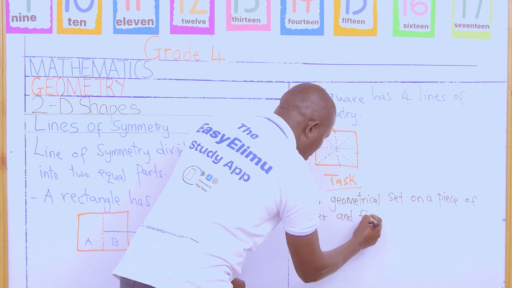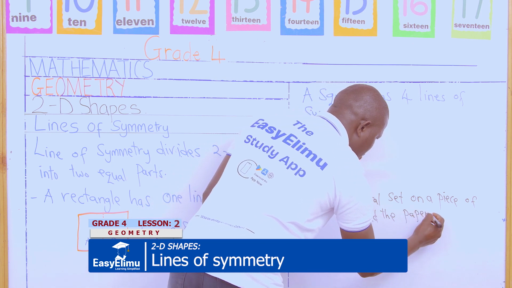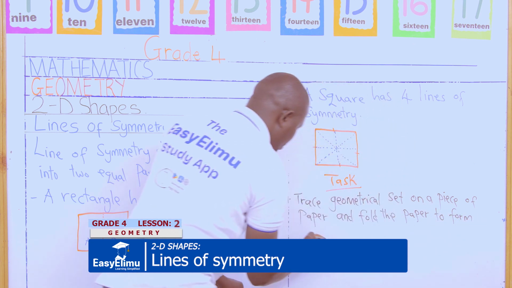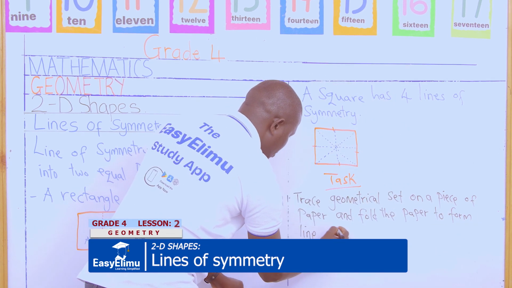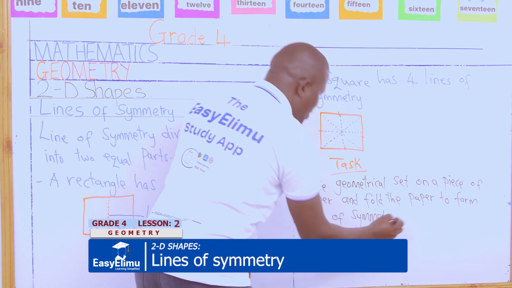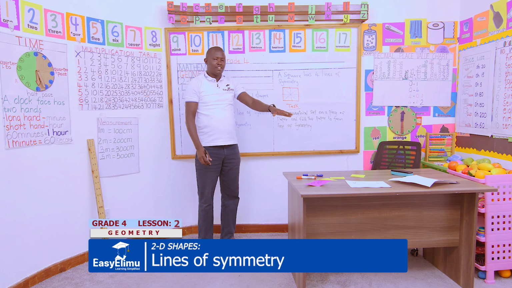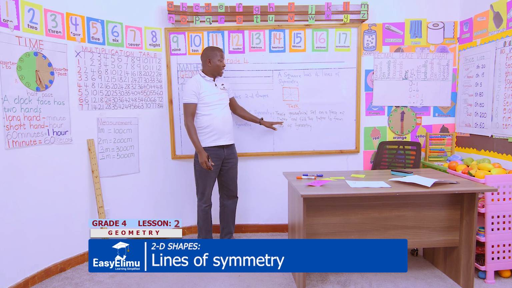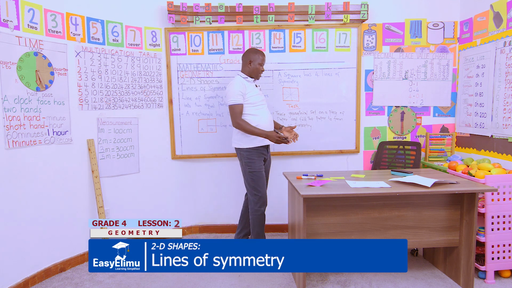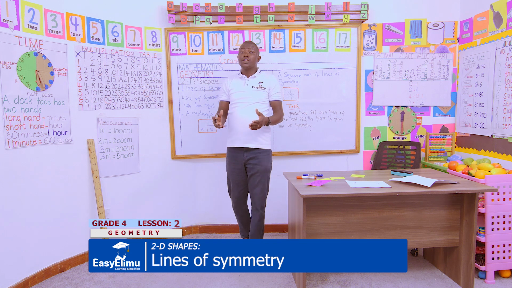Fold the paper to form a line of symmetry. I've said trace your geometrical set on a piece of paper and fold it the way we have done ours, and try to look how many lines of symmetry you can get from that. That is task 1.